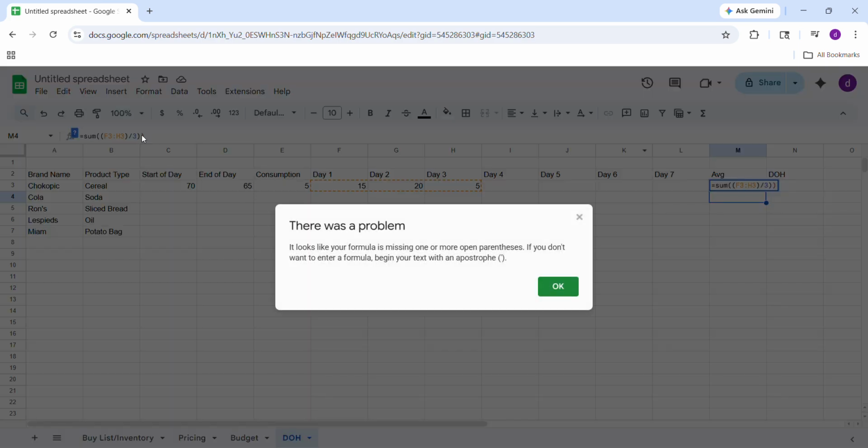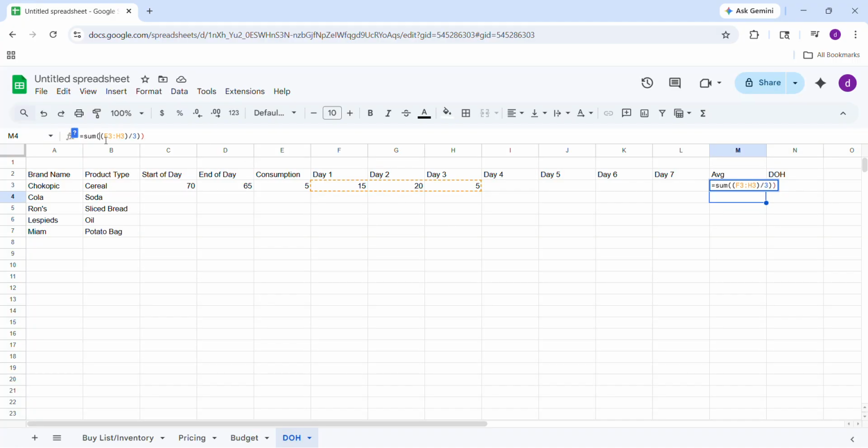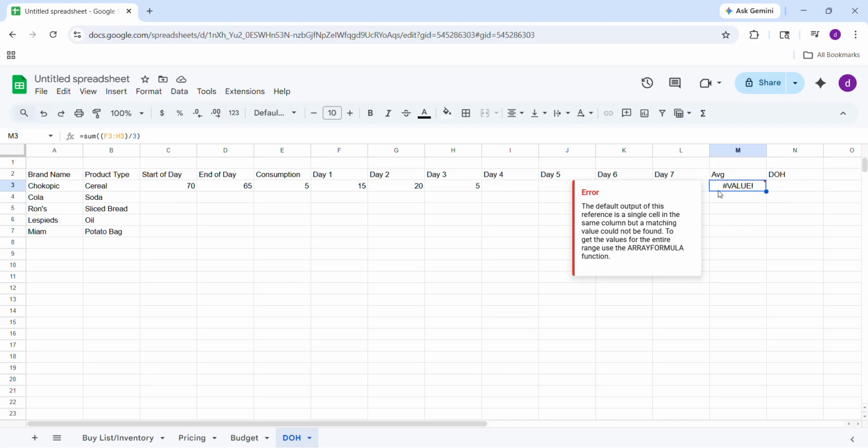And another one. Missing one or more open parentheses. That should be fine. Why is this not working? Should be the summation of these, F3, G3, H3, divided by 3. I'm just going to add them together.